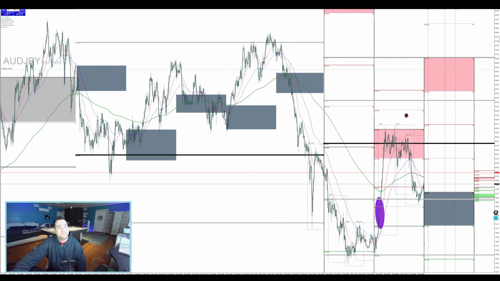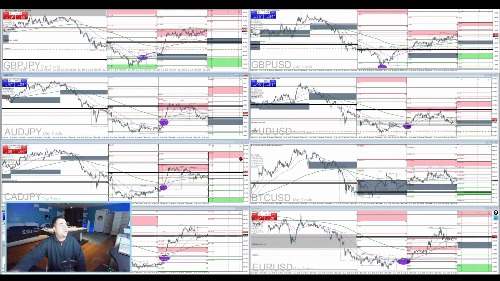Oh, you know what? The entry will be below the M2 on that one.